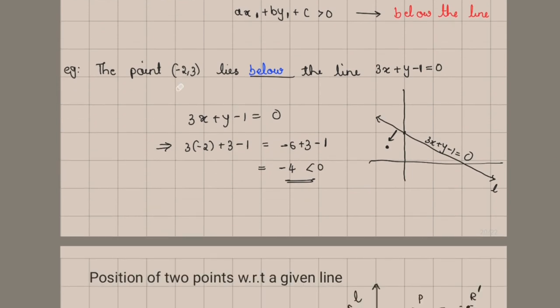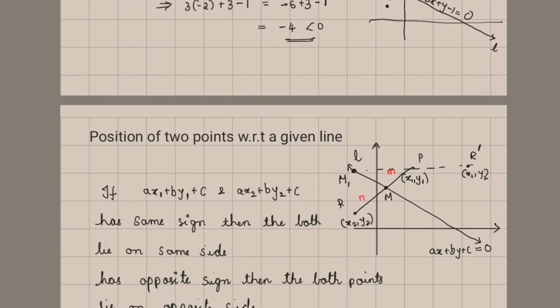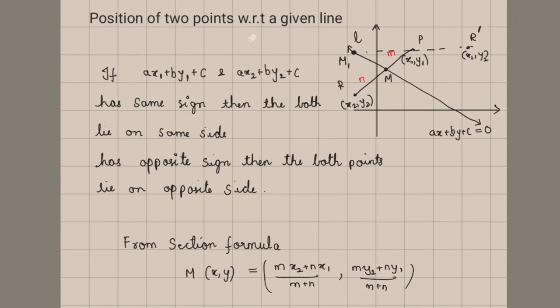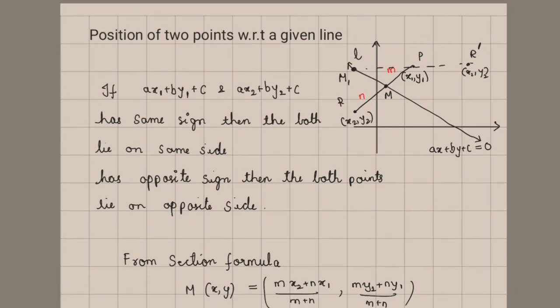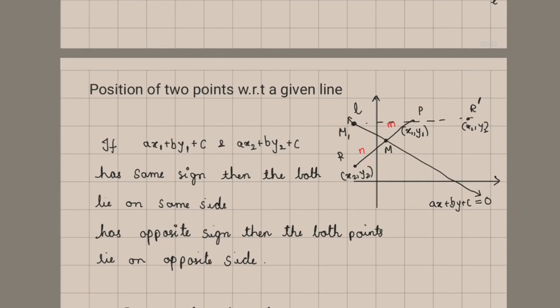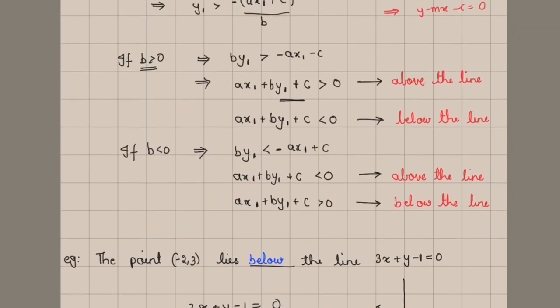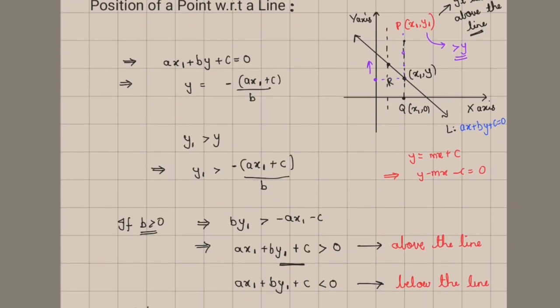So we have seen the example -2 comma 3. If we substitute that point, we get -4, which is less than 0, which means that point lies below the line 3x plus y minus 1. Similarly, for the position of 2 points with respect to a given line, we reduced the final equation using the previous one.